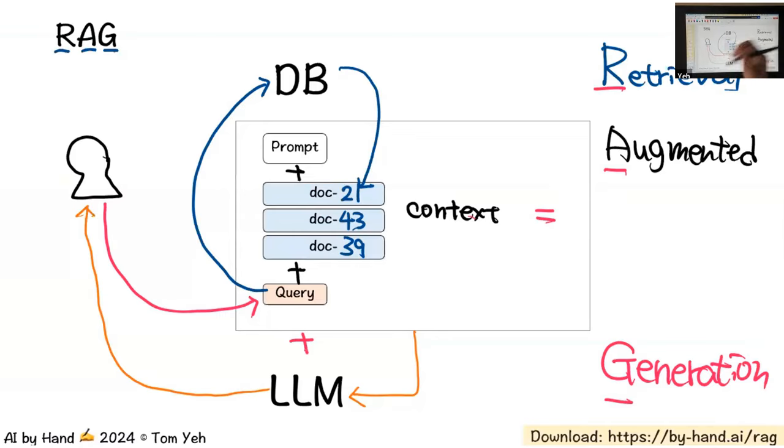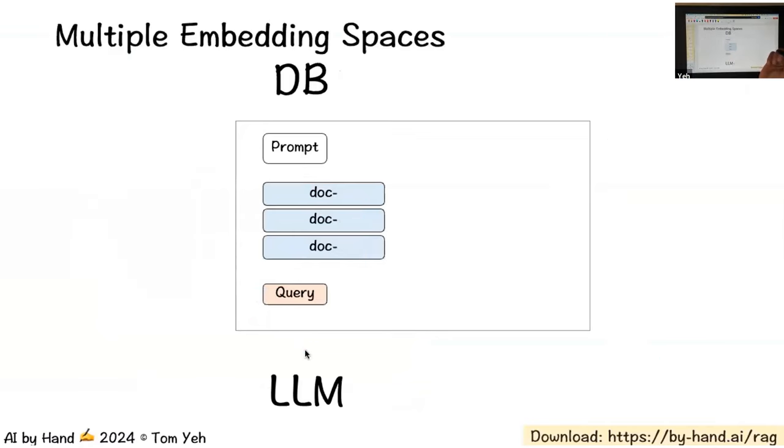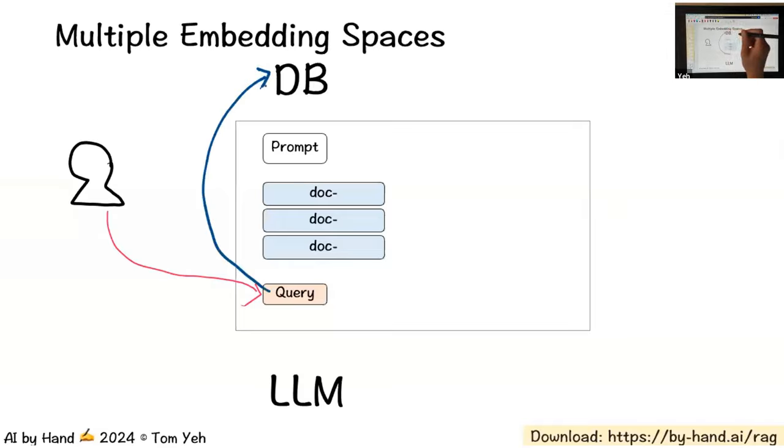Okay, so that's a quick review of what RAG is. One way we can extend this paradigm is when we send the query, and then we retrieve down here. What if we want to retrieve not just by one field, but by multiple fields, meaning multiple spaces?